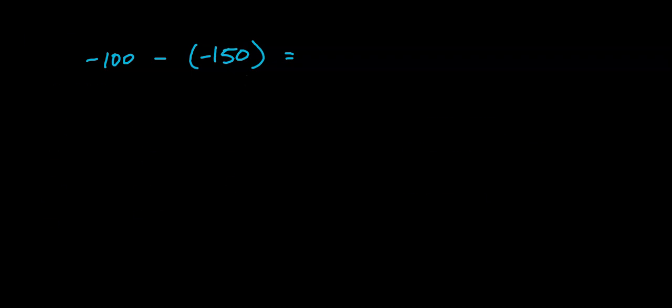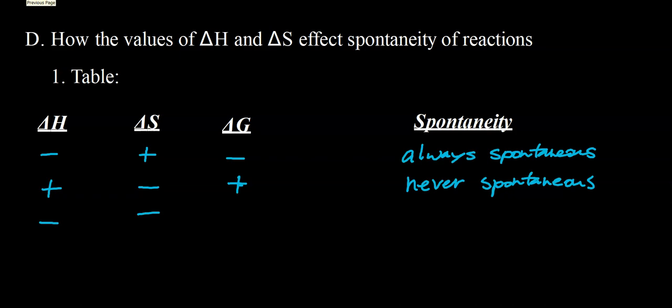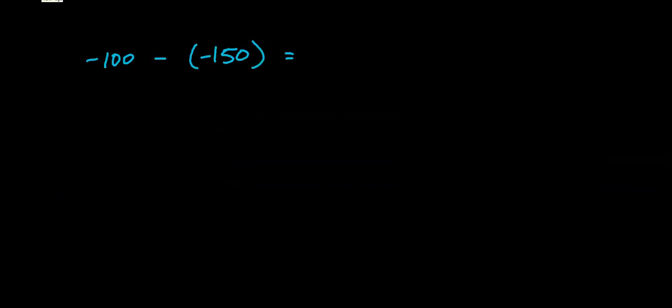So what does that mean then? We have an exothermic process that decreases in entropy. What is the sign for delta G? We don't know. It depends. Well, what does it depend on? It depends on the temperature. So how can we make this so that delta G is negative?